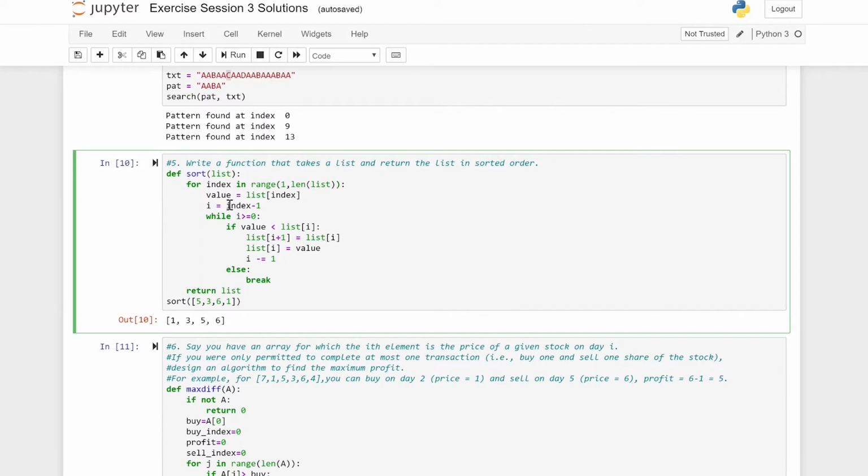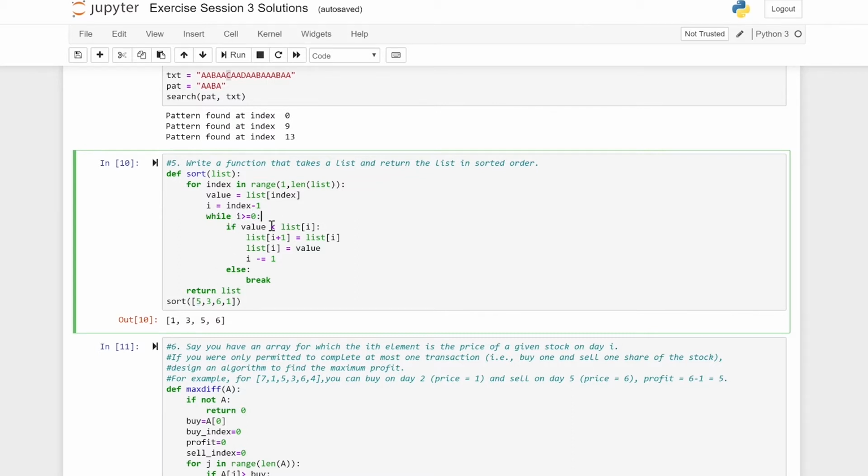Value is just a temporary variable. Right now, the value is equal to 3 because index is 1. Now the i variable is going to be index minus 1, and that shows us i is going to be 0.